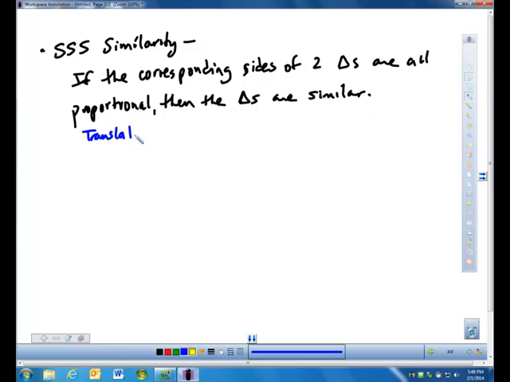If I'm able to simplify the scale factor to the same number for all 3 pairs of sides, then I know the triangles are similar. So you really don't have to know anything about angles in order to have similar triangles. And again, it just depends on what information I give you on a question.